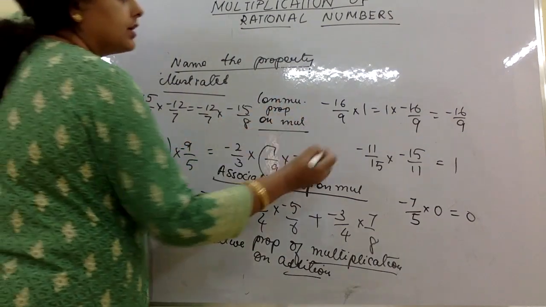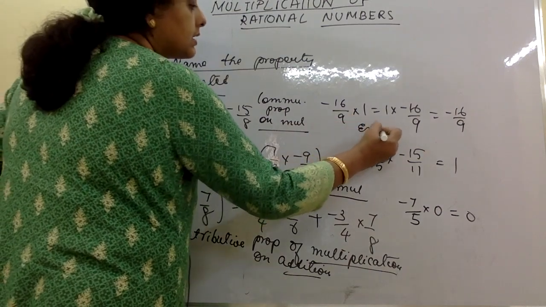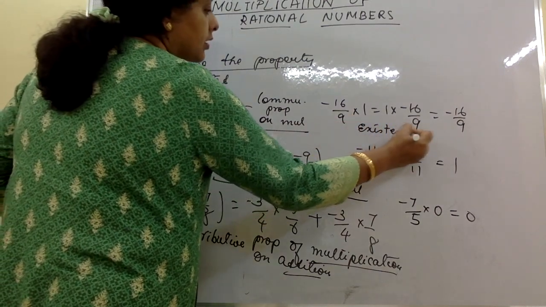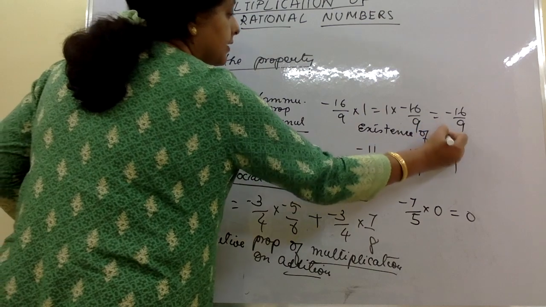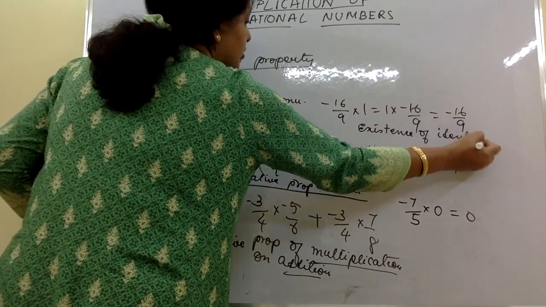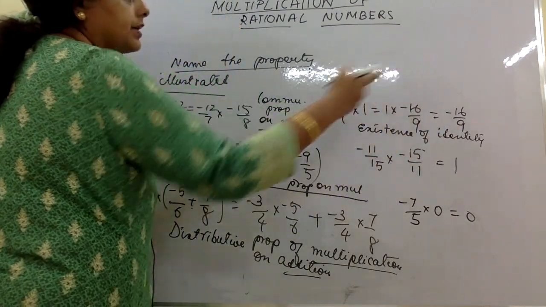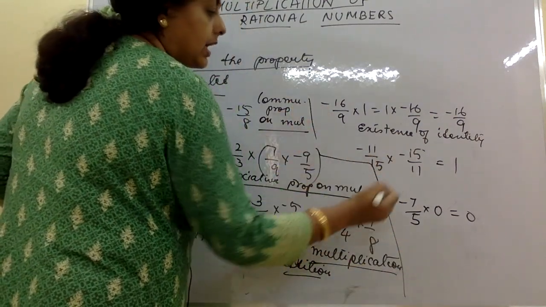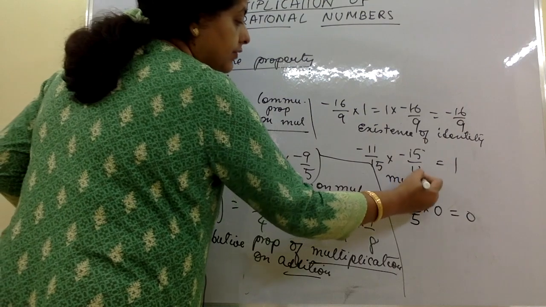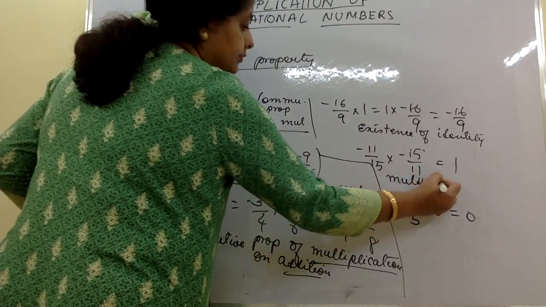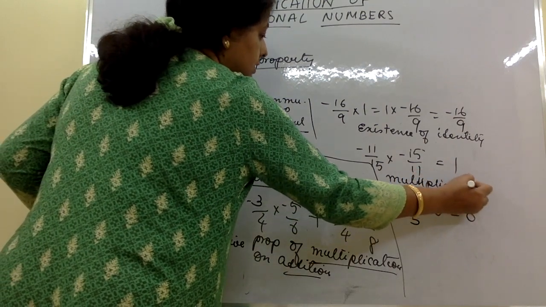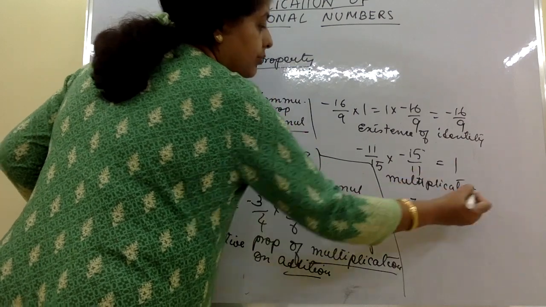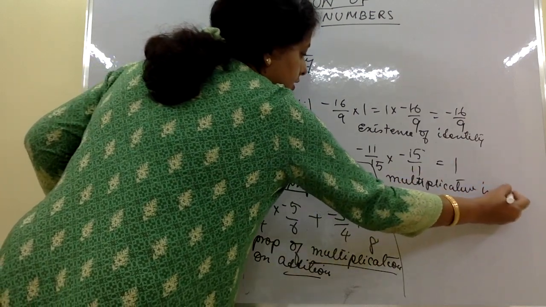If you see here, this is existence of identity. Yes, because we are multiplying with 1 and getting the same number, note here. Okay, and here we have multiplicative inverse or existence of multiplicative inverse.